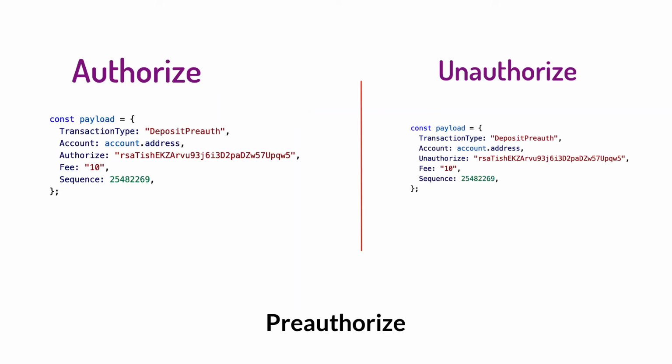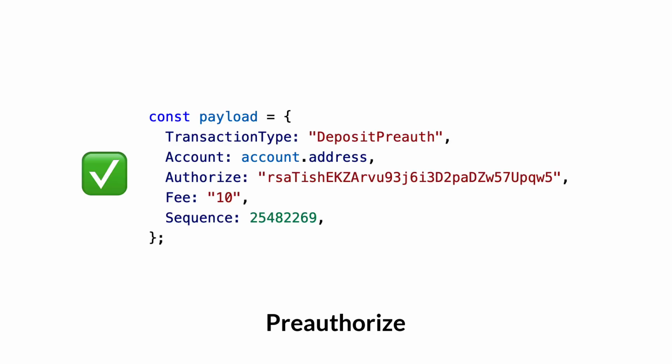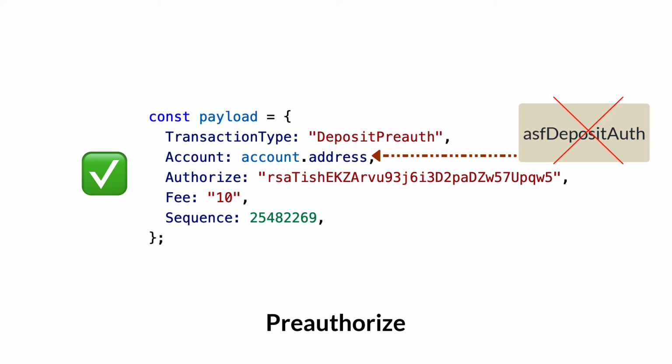You cannot use both authorize and unauthorize in a single transaction. And you cannot even authorize your own account. That will throw an error. And you can authorize or unauthorize an account even if the DepositAuth flag is not yet enabled on your account. The authorized list will be effective only once you enable the DepositAuth flag on your own account.